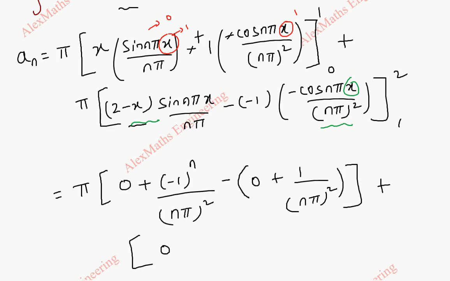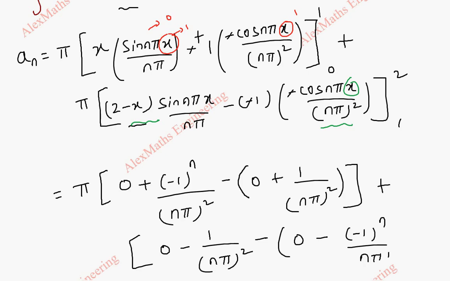So first term is 0, and we can cancel these two. There is a minus sign. Cos 2n pi is 1, so 1 by (n pi) whole square minus, when I put the lower limit 1, sin n pi is 0, and here there is a minus sign. Cos n pi is (minus 1) whole power n by (n pi) whole square.